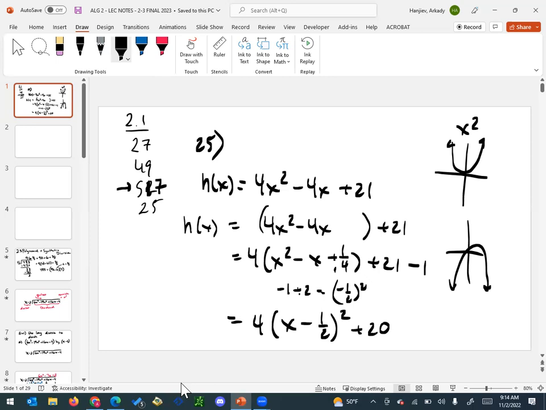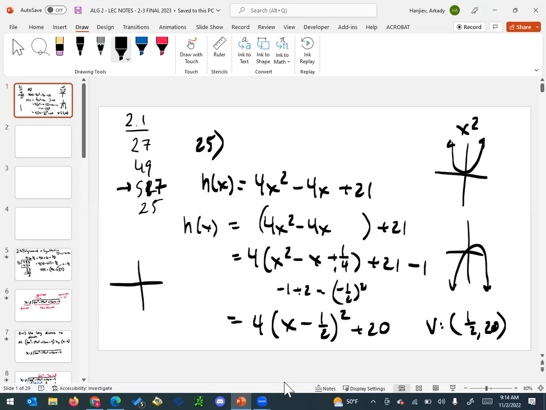And so now I know my vertex, I'll put V for vertex. The vertex is at positive 1/2, comma 20. Are we good there with the vertex? Is that what the back of the book says? Cool.